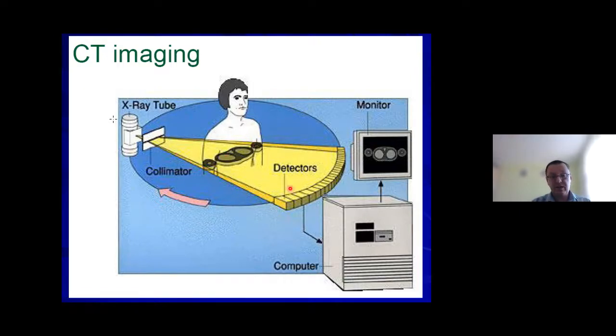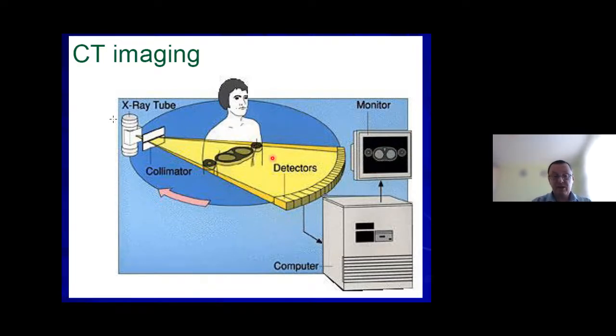So here, as you can see, what kind of information will be transmitted and received by the detector, and what will finally be visualized on a computer screen, printed on film or even paper. We have information from cross-section.